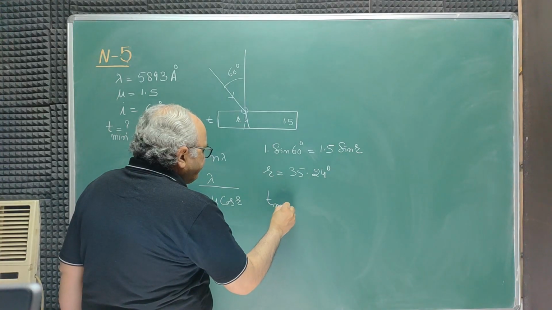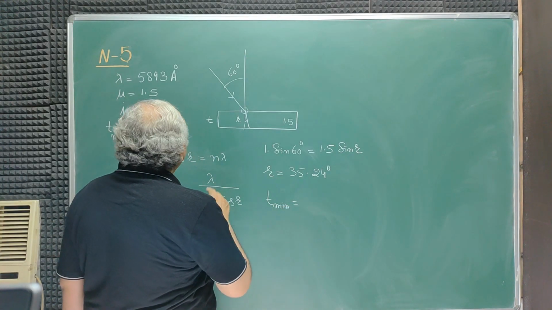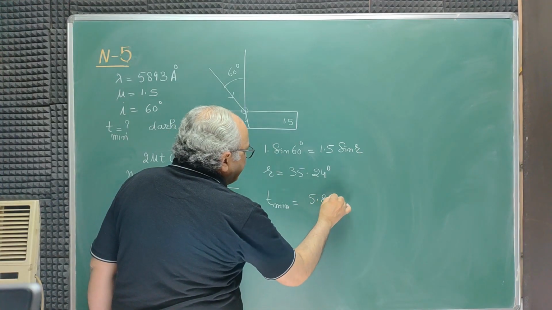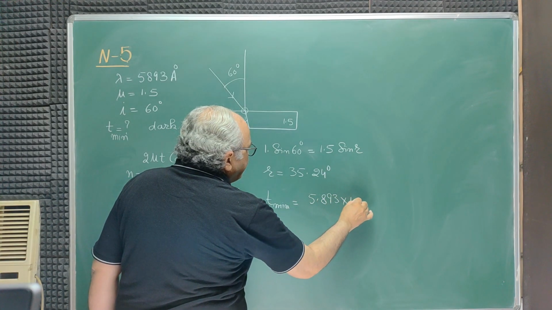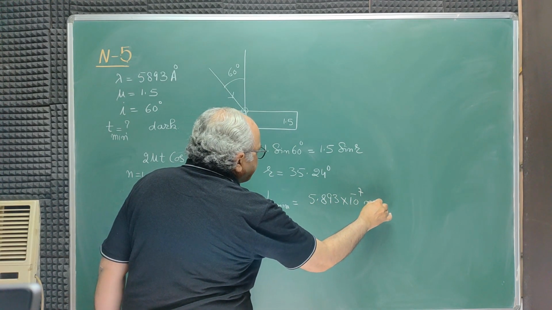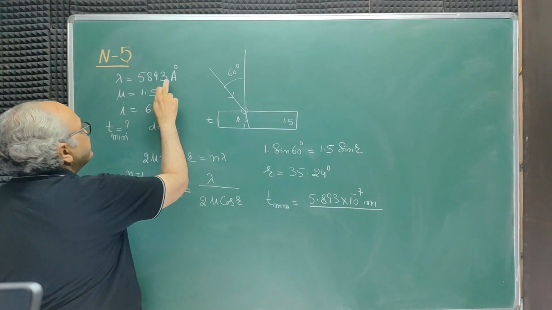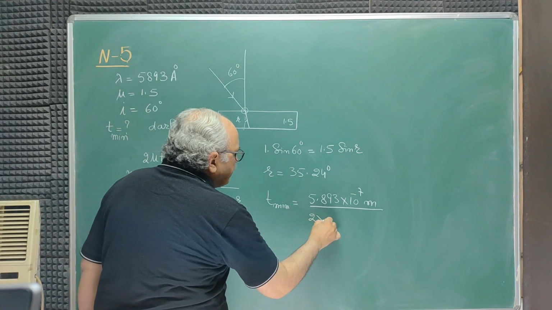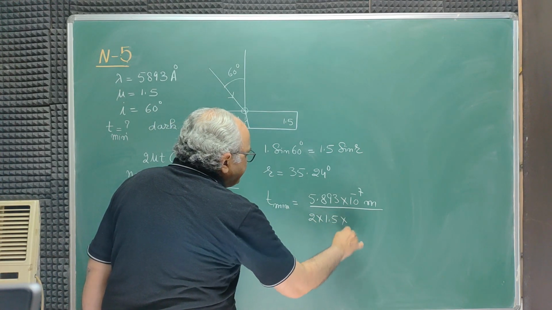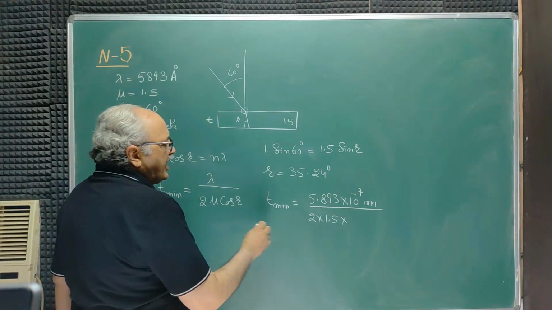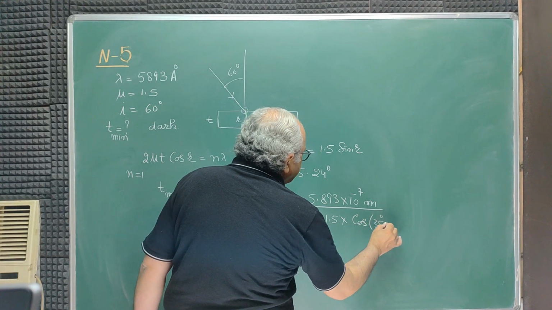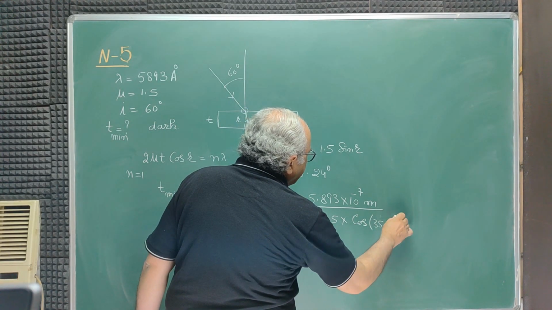T minimum therefore is equal to the wavelength, which is 5.893 into 10 to the power minus 7 of meter if you convert this angstrom to meter, multiplied by 1.5, that is the refractive index, and cos of 35.24 degree.